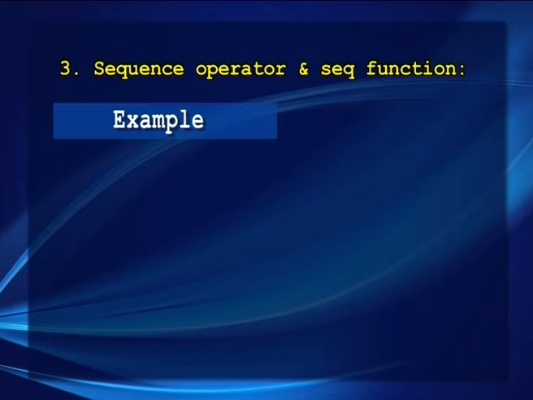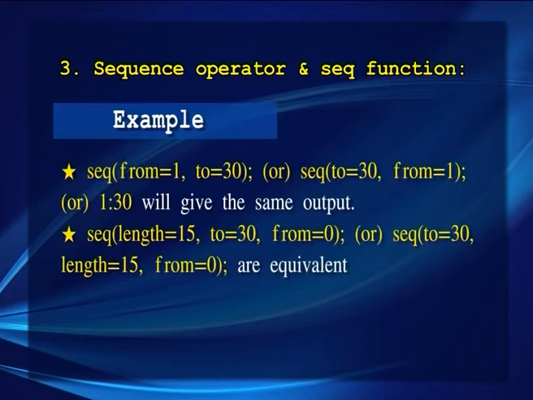We see an example. seq(from=1, to=30) or seq(to=30, from=1) or 1:30 will give the same output. seq(length=15, to=30, from=0) or seq(to=30, length=15, from=0) are equivalent.